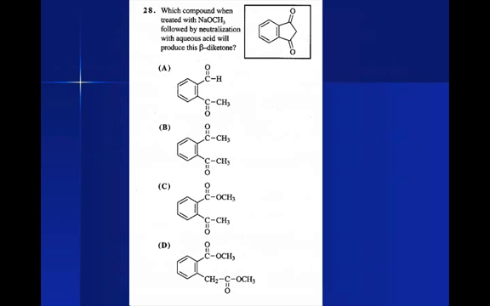What kind of ring is being formed up there with the 2 ketones? It's a pentane ring, yeah, 5-membered ring.